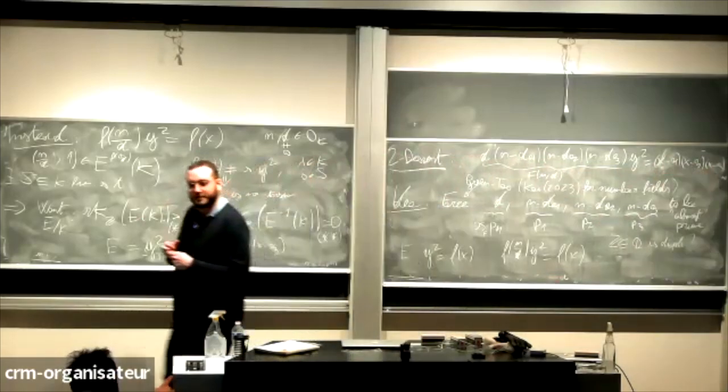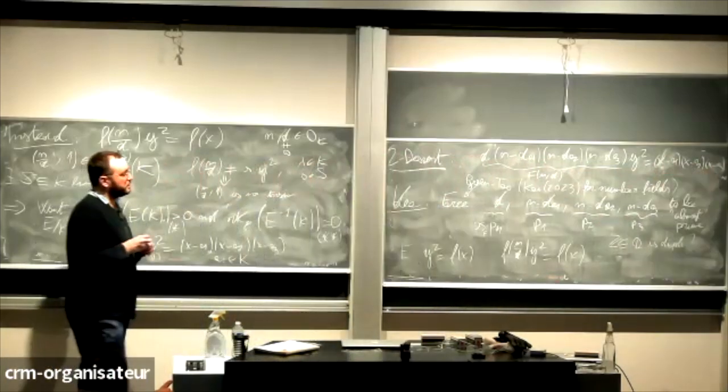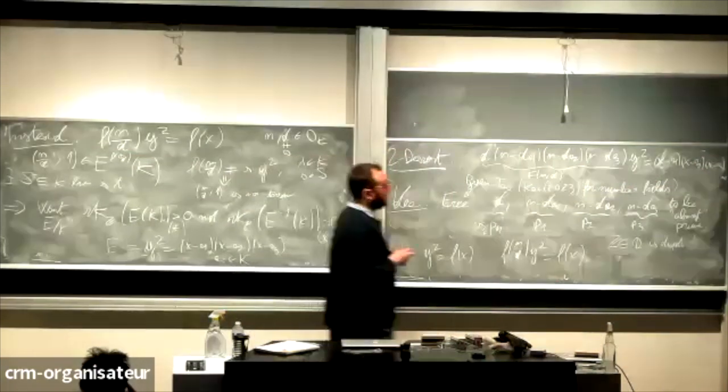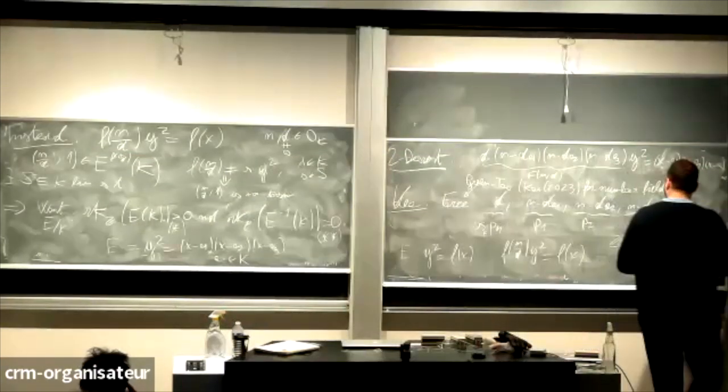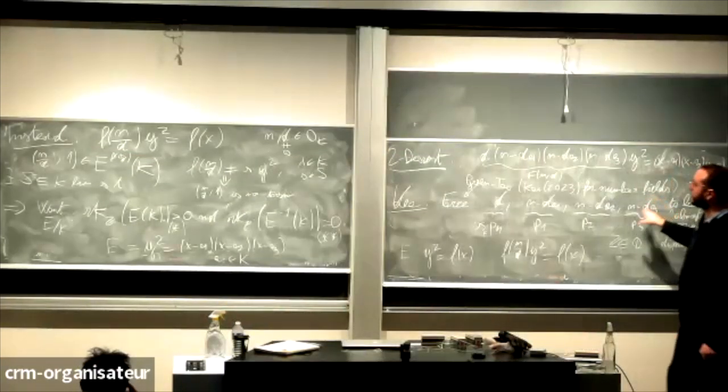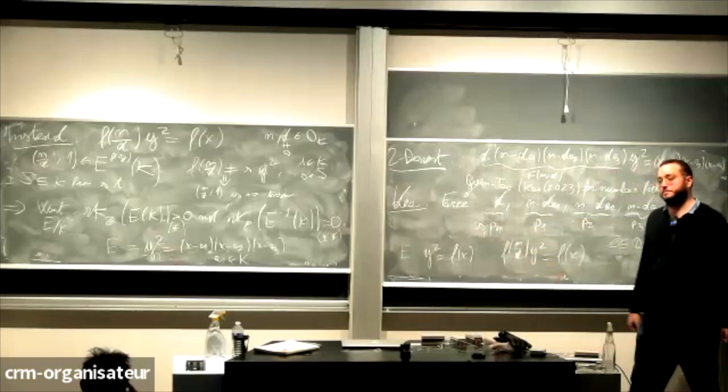Do you do any averaging over N and D to control the two similar? Not really. We only impose essentially congruences modulo kappa.